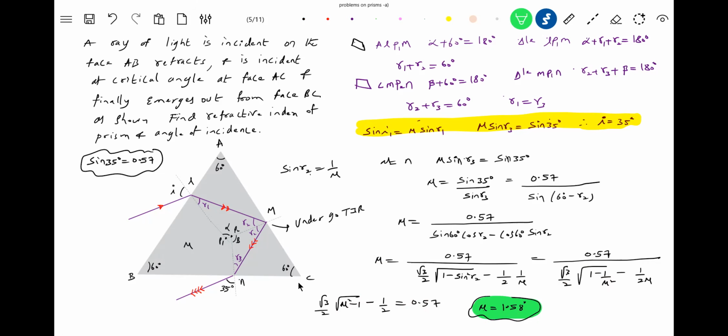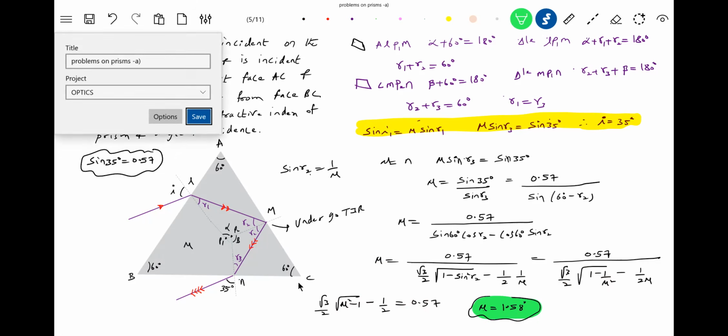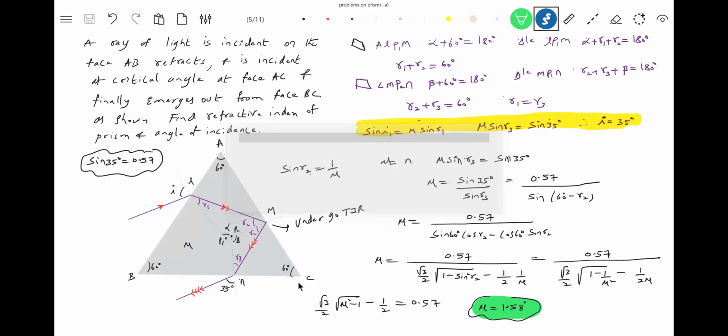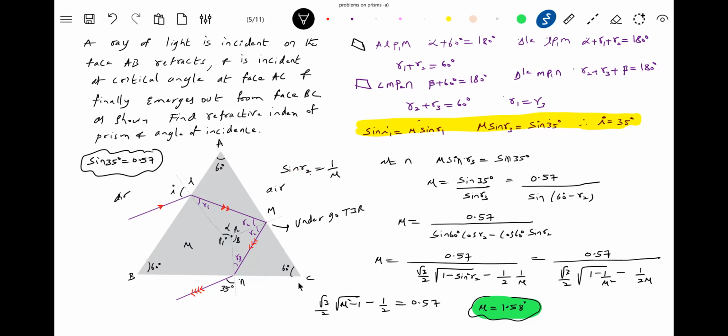Check it again. The method is the same. Wherever TIR comes, you use the formula sine of critical angle equals 1 by mu. The reason we use this is that the other medium is air. I need not mention that. This is air, no? Usually we do all our experiments in a room, in air itself, so the surrounding medium by default will be air.